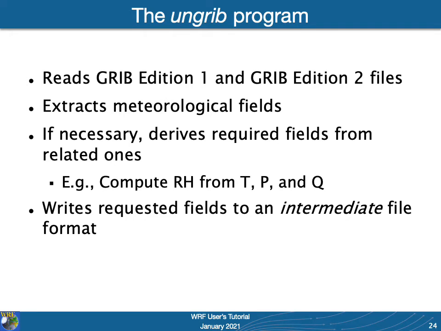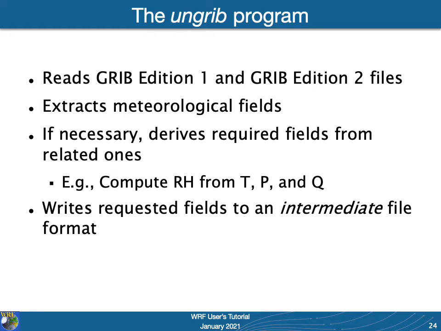The Ungrib program is capable of processing two different versions of the Grib format: Grib Edition 1 and Grib Edition 2. If you intend to process newer Grib Edition 2 files, when you compile the WPS, you'll need to link against additional compression libraries. The entire purpose of the Ungrib program is to extract meteorological and land surface fields from Grib files and to put them into an easier to process file format that we call the intermediate format.